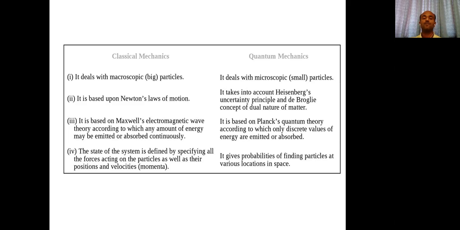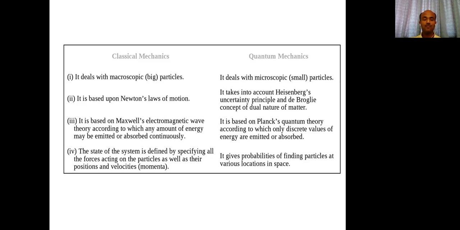Classical mechanics is based on Newton's laws of motion, while quantum mechanics is based on Heisenberg uncertainty principle and de Broglie's concept of dual nature of matter.